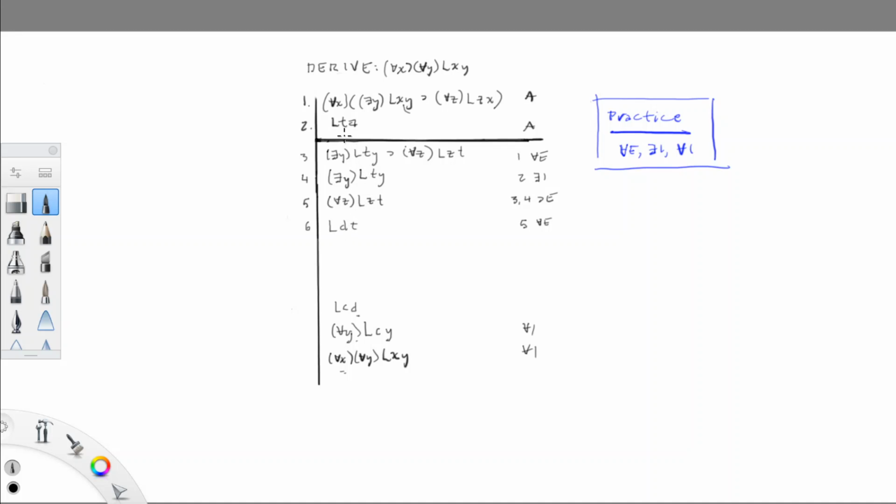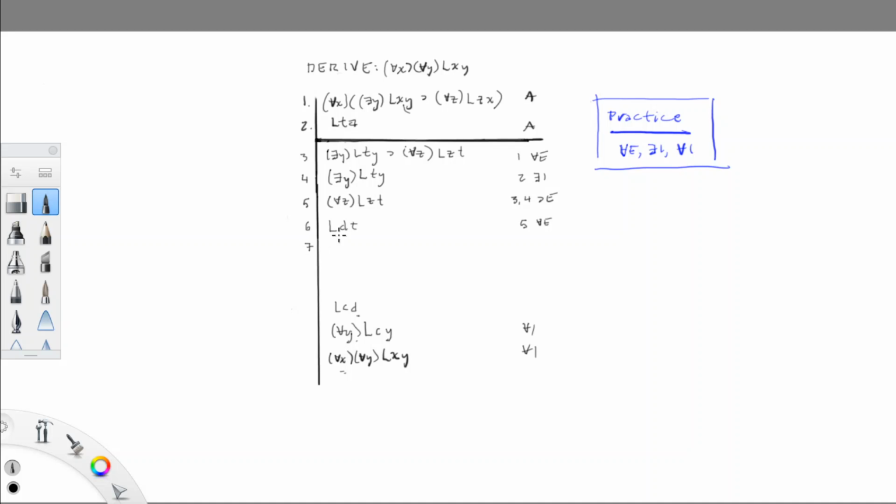And if we look up here at line 2, we see a very similar sentence. We had LTA. And when we applied existential introduction to it, and we instantiated the universal on line 1 to the name T, we ended up getting T in the second position following the two-place predicate. Let's see if we can do all of that one more time.